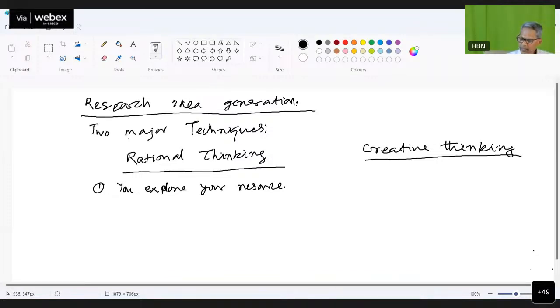Whereas in case of creative thinking, you have to generate your own idea, your own creativity.